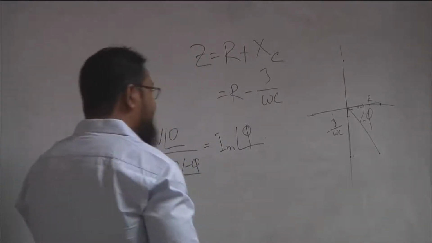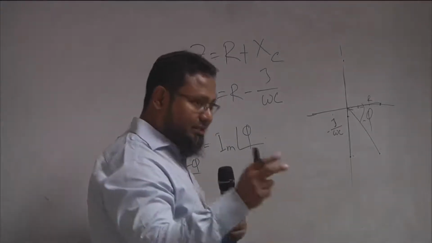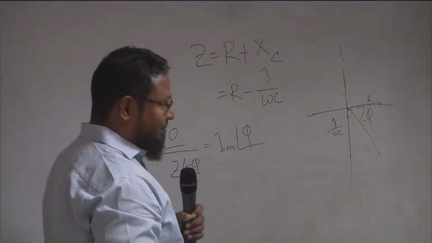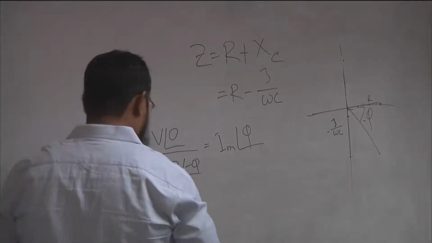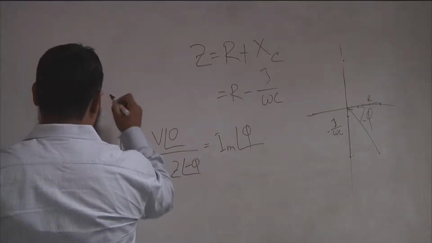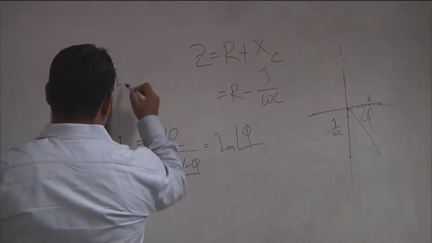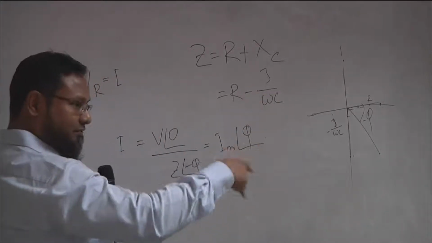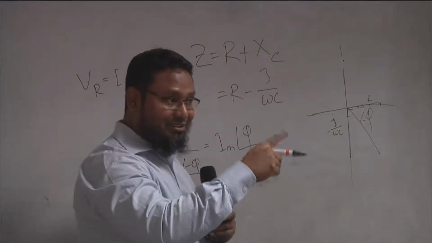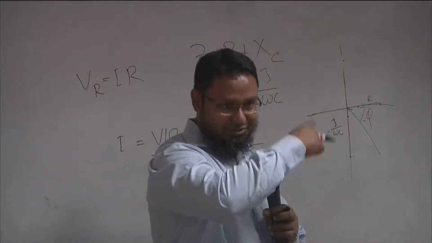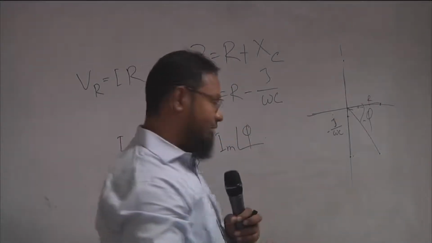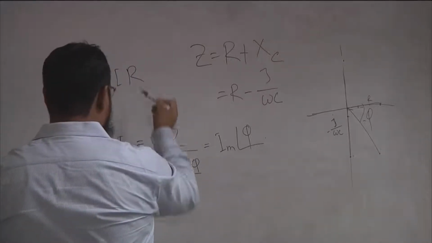Now let's have a look at the voltages across each component. For the resistor, what would be the phase of the voltage? VR would be equal to I times R, which is the same I, because the same I is flowing through the resistor and the capacitor. Basically we have just one current throughout the circuit, right? So the voltage across the resistor will be IR.